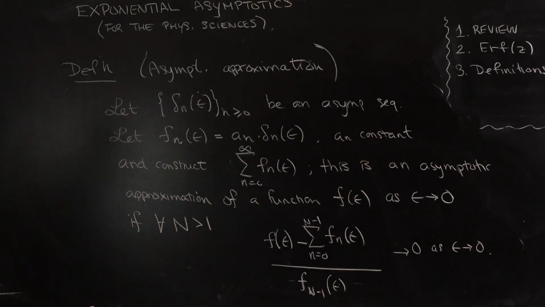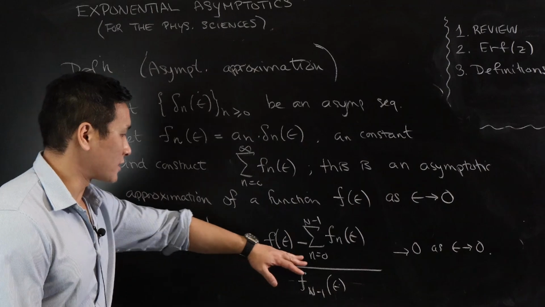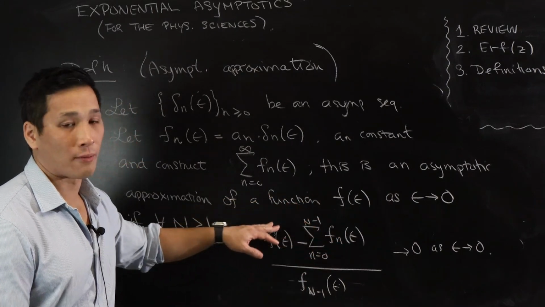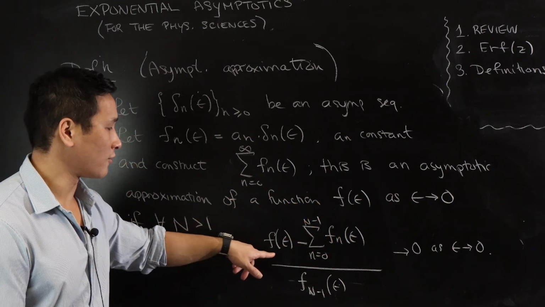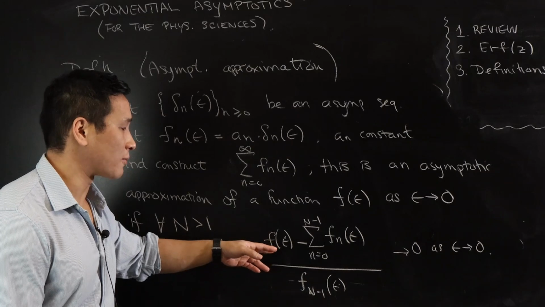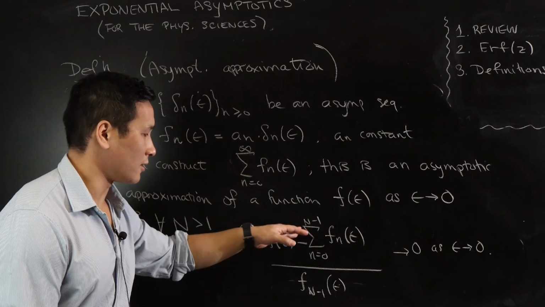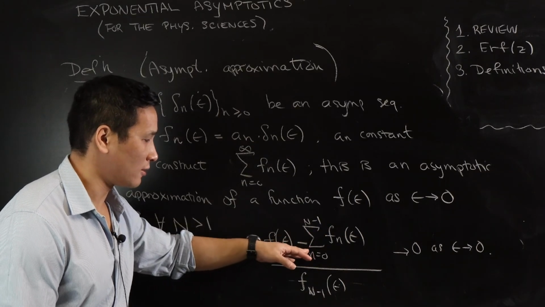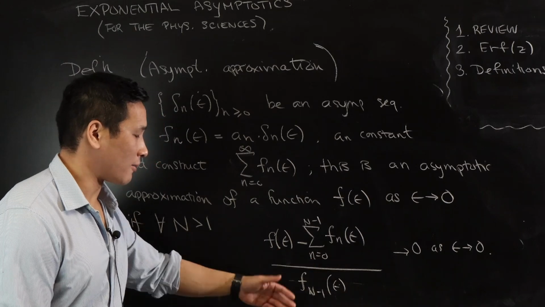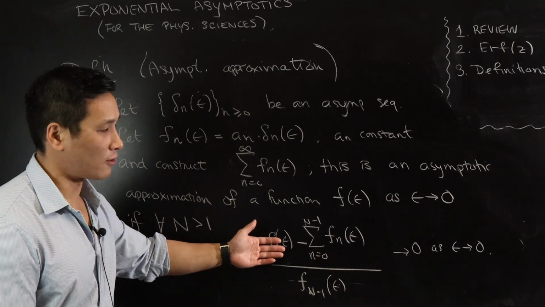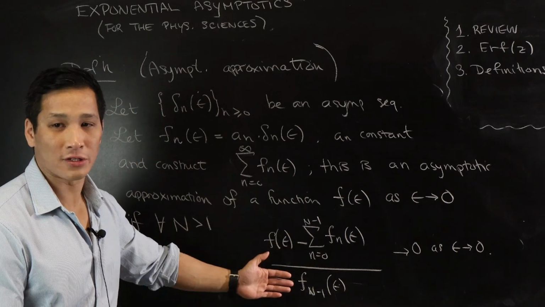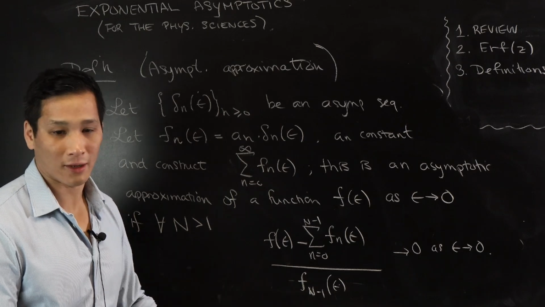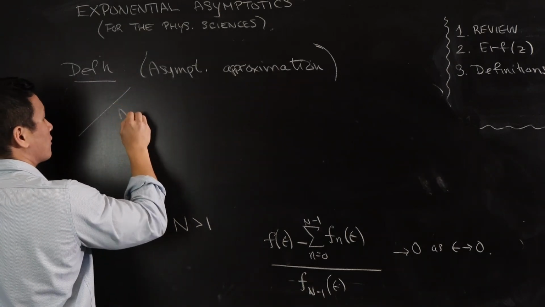Okay? So that is the definition of an asymptotic expansion. This quantity here is essentially the remainder: the function that you're trying to approximate minus the n-term approximation. And the point is that the remainder is much less than the last term that you have truncated at.